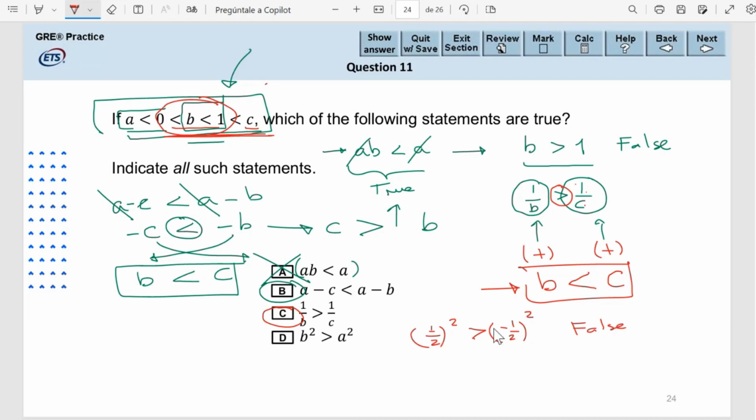Because they are equal. So I'm seeing that there is one case in which this inequality doesn't work. If B were 1/2 and A were negative 1/2, which are totally valid values for A and B, I obtain that this inequality is false because the two expressions are equal. So I can discard this as well. And my response is B and C.